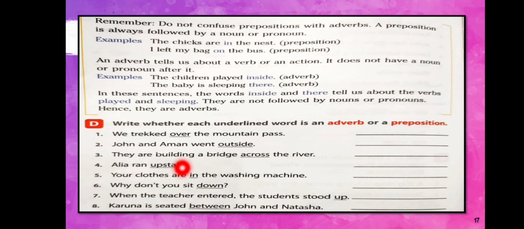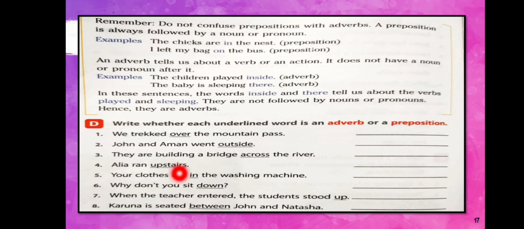Alia ran upstairs. Here upstairs is underlined. Is it a preposition or adverb? After upstairs, there is no noun or pronoun, and it is telling more about the verb ran. So it is an adverb.